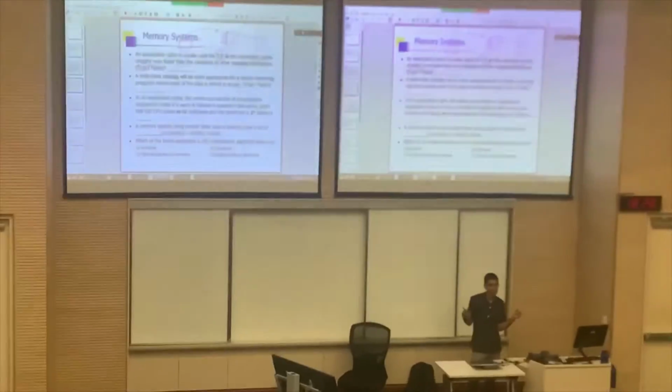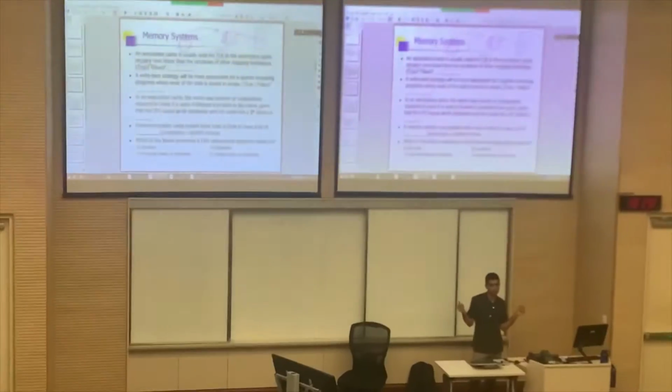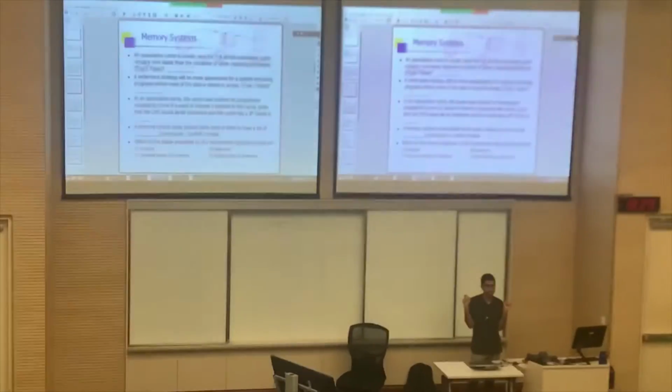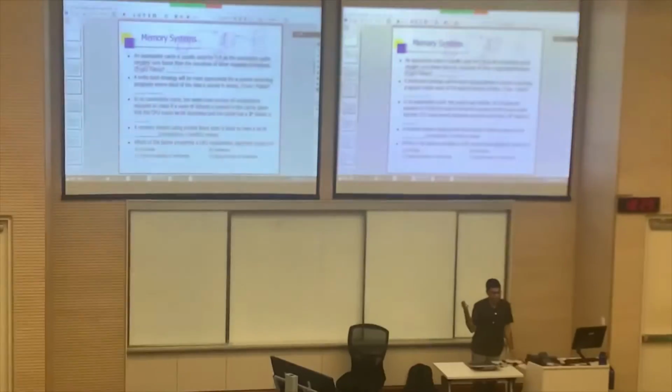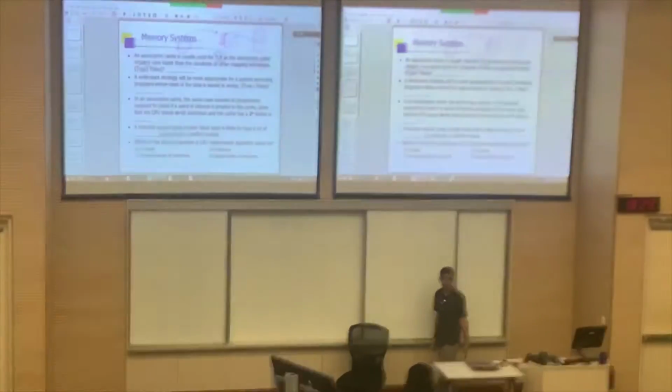Whereas if your associative cache is much bigger, then the time taken to do a tag matching, that is to check whether the required information is present in the cache or not, can be very high. But for small memories it's quite affordable, so it's okay to make small memories fully associative.